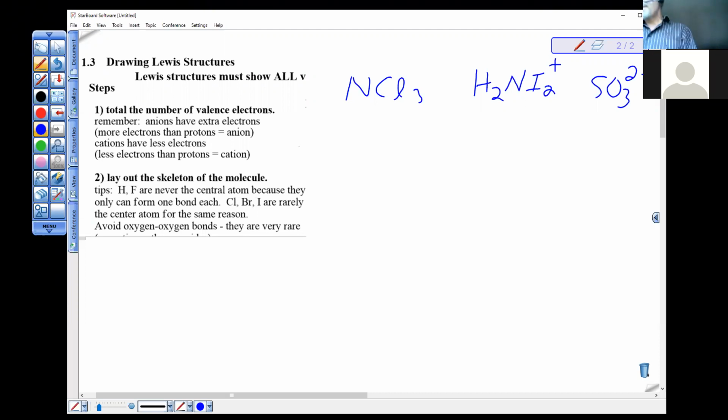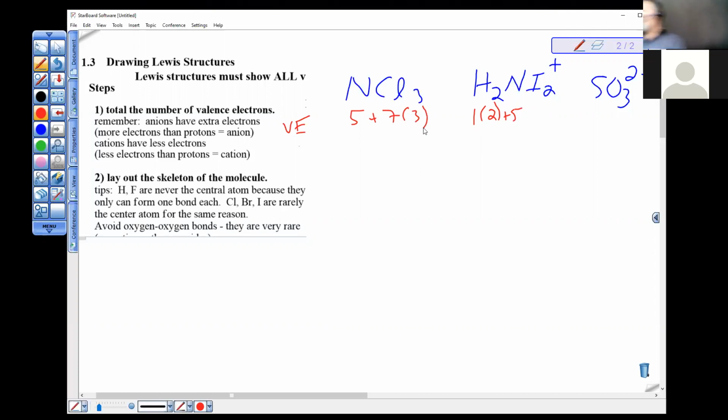So when you're counting valence electrons, 5 for nitrogen, 1 for hydrogen, and you've got 2 of them. Chlorine has 7. There's 3 of them.